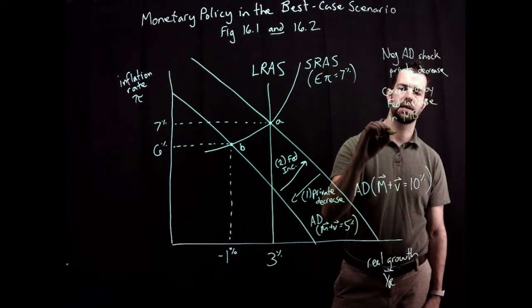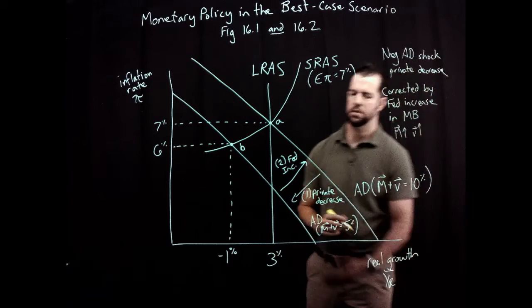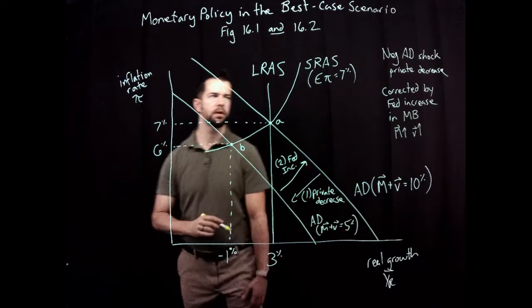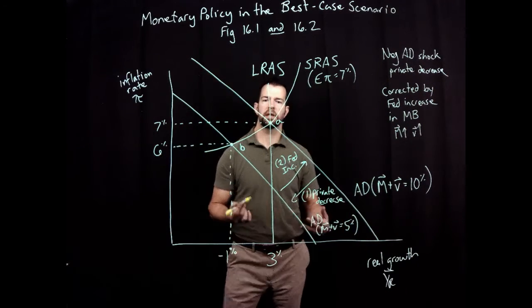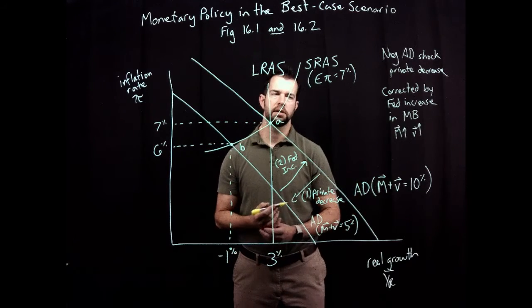And hopefully that leads to an increase in M and an increase in V to get us back to where we're at here. So the best case scenario means that it's just a negative aggregate demand shock that the Fed can counteract. And so what's going to happen next?